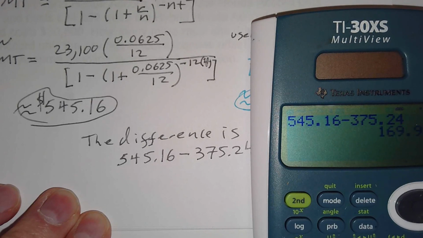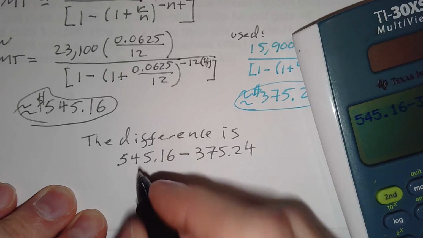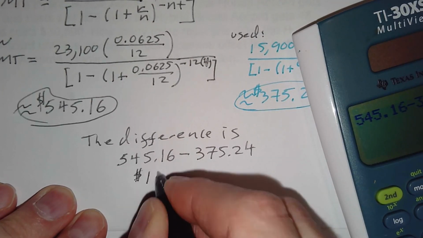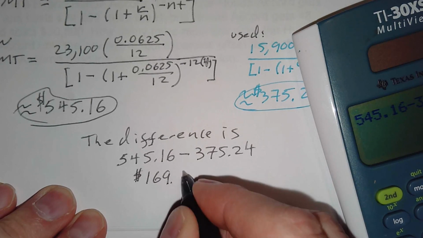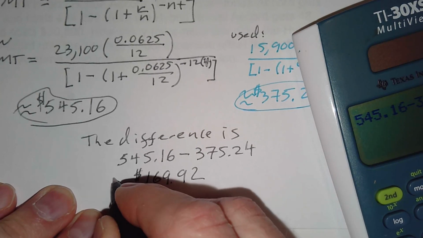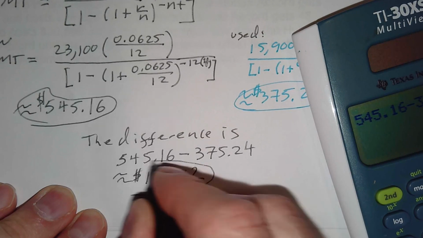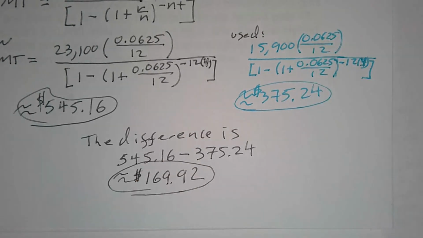Hit enter. So the person would save almost $170 per month by going with the 3-year-old car.